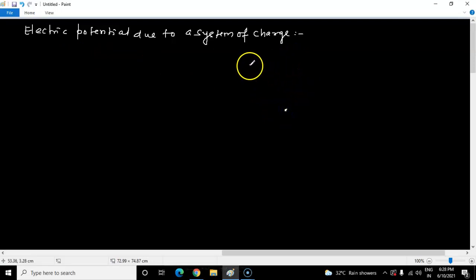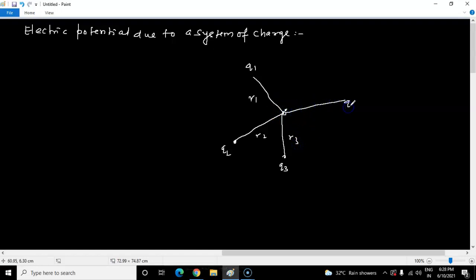Group of point charges here: Q1 at a distance of R1, similarly Q2 at distance R2, Q3 at distance R3, and so on, like Qi at distance Ri, and Qn at distance Rn.